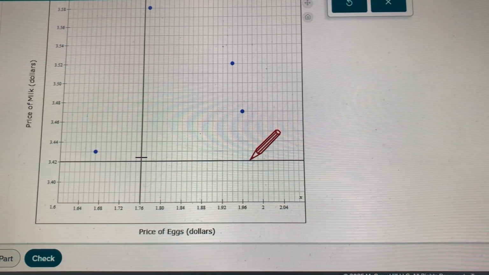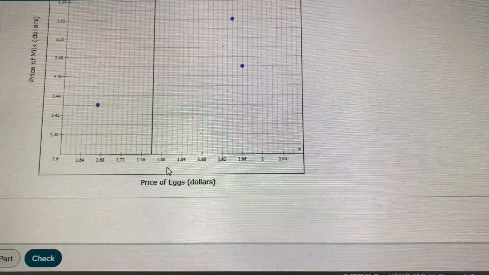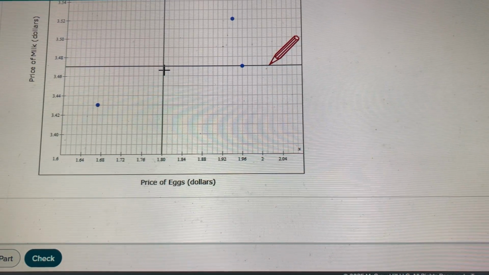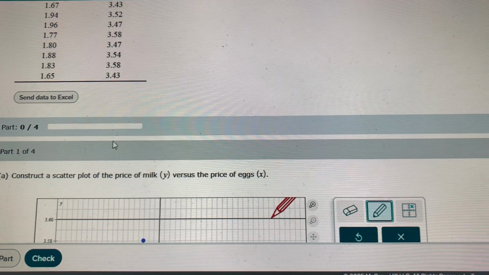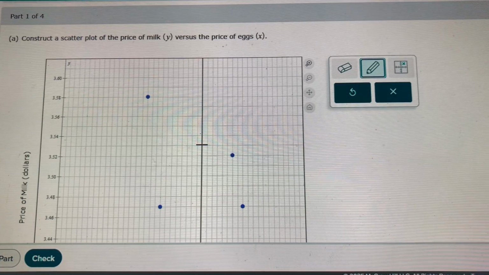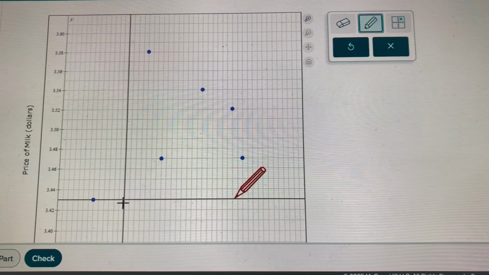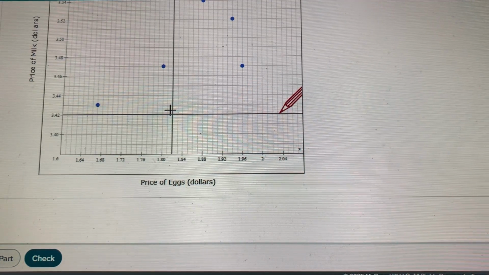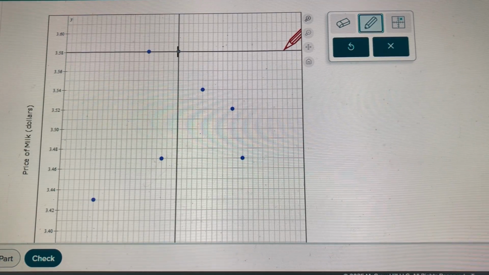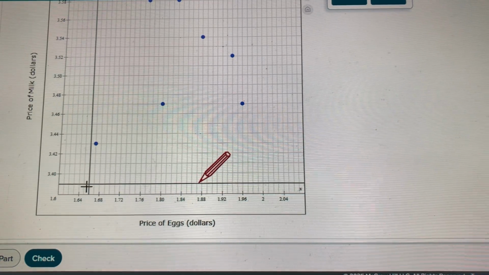Yeah, see, it's one past 176. 177, 180 and 347. 180, 347. 188, 354. 183, 358. And finally 165, 343.